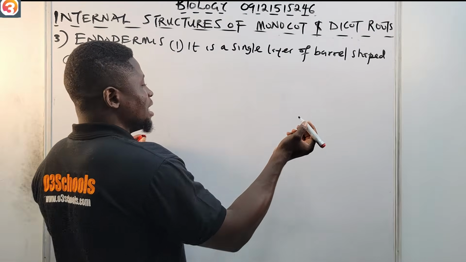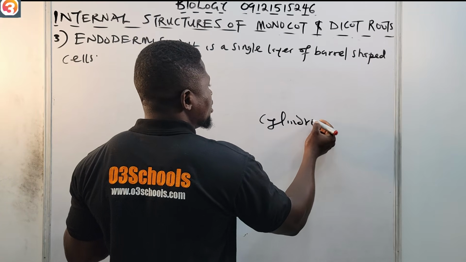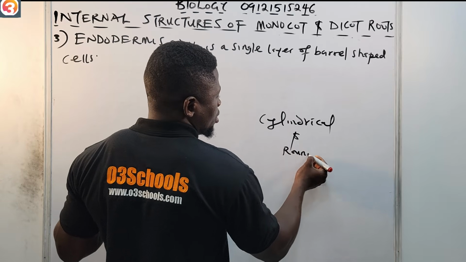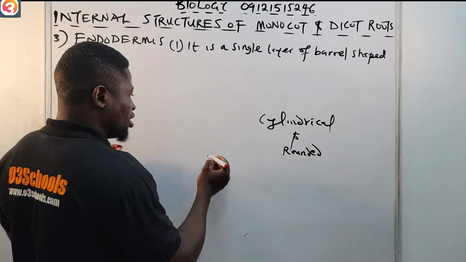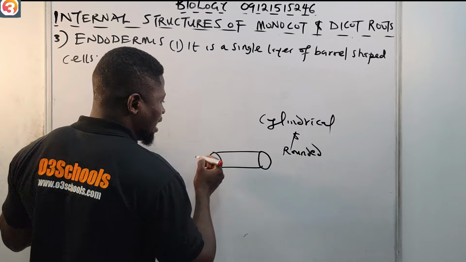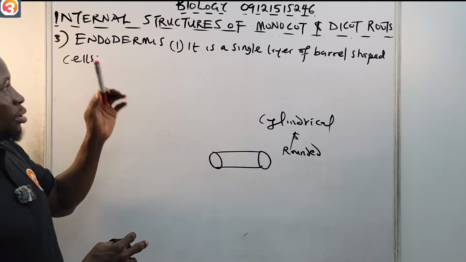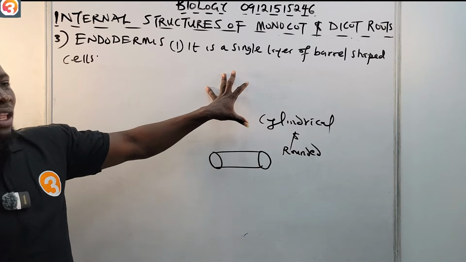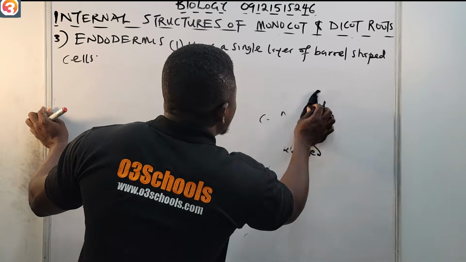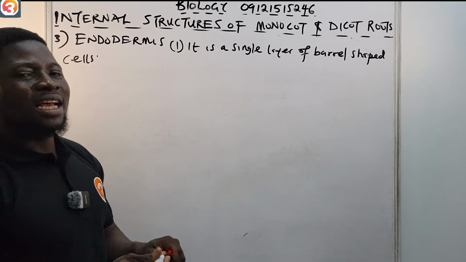They are kind of cylindrical and rounded at both ends, just like something like this. So the endodermis is a single layer of barrel-shaped cells. They are cylindrical and rounded at both ends.